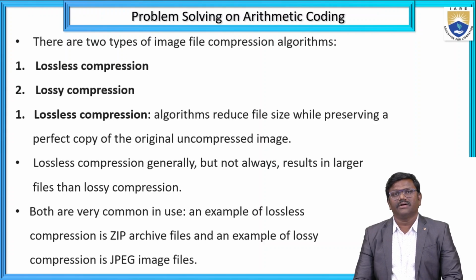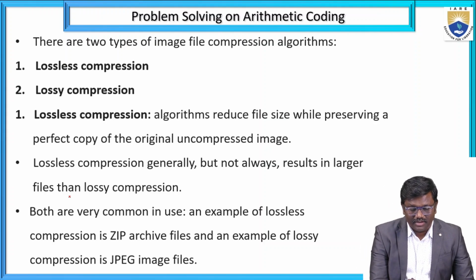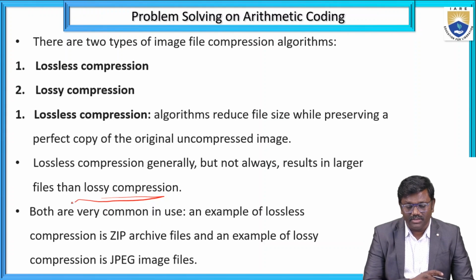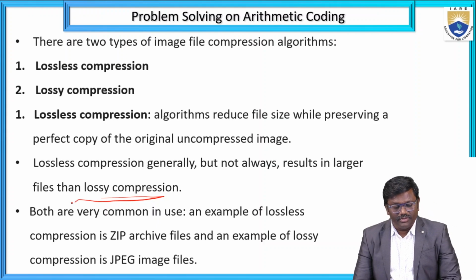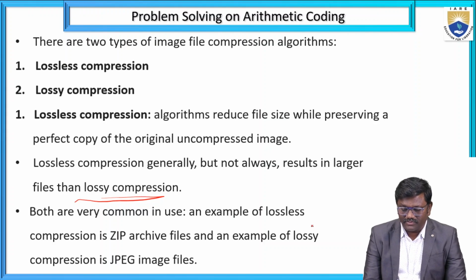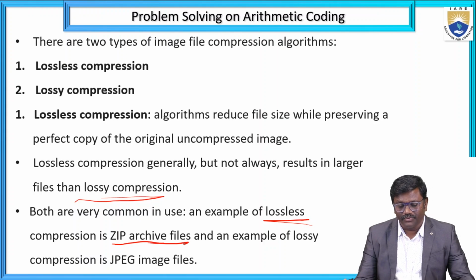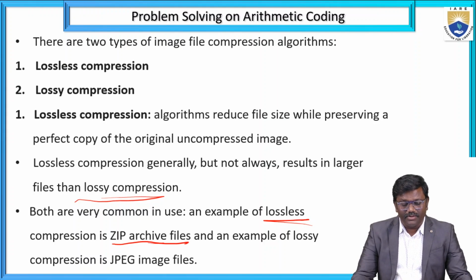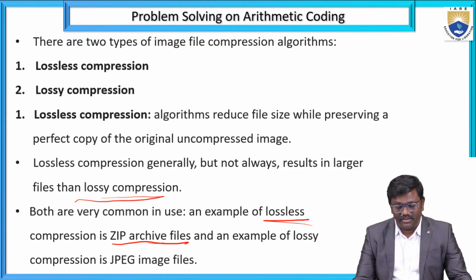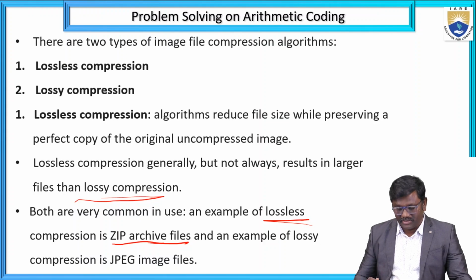Lossless compression generally, but not always, results in larger files than lossy compression. Both are very common in use. An example of lossless compression is zip archive files, and an example of lossy compression is JPEG image files.